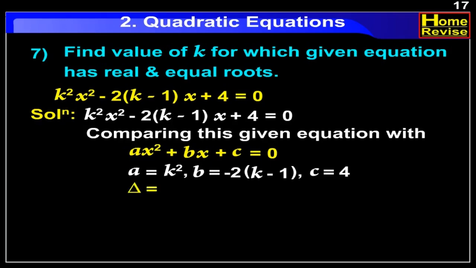Now, delta is equal to b square minus 4ac.